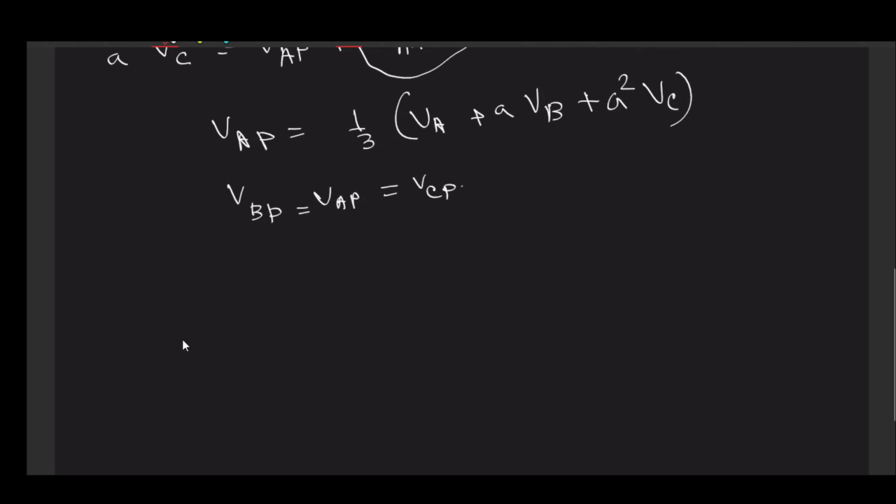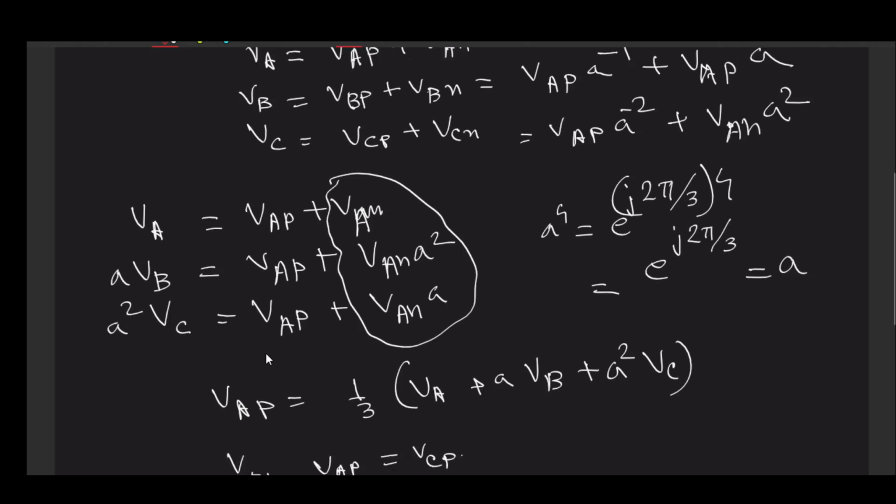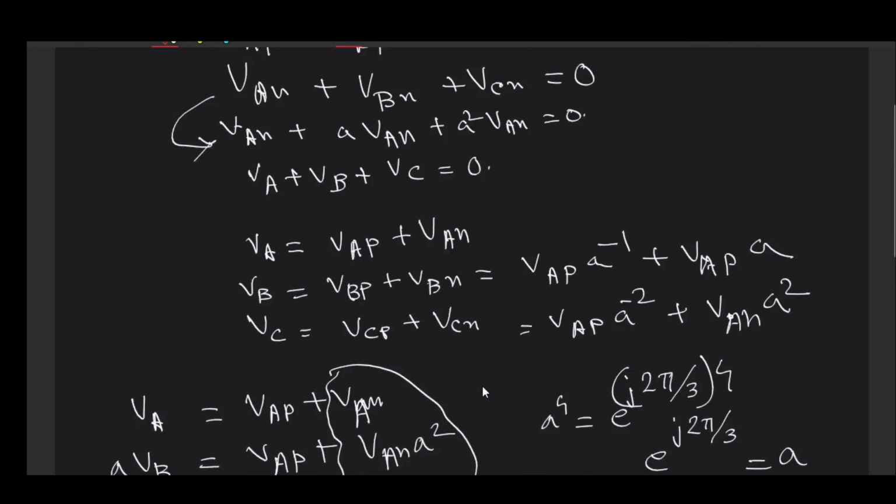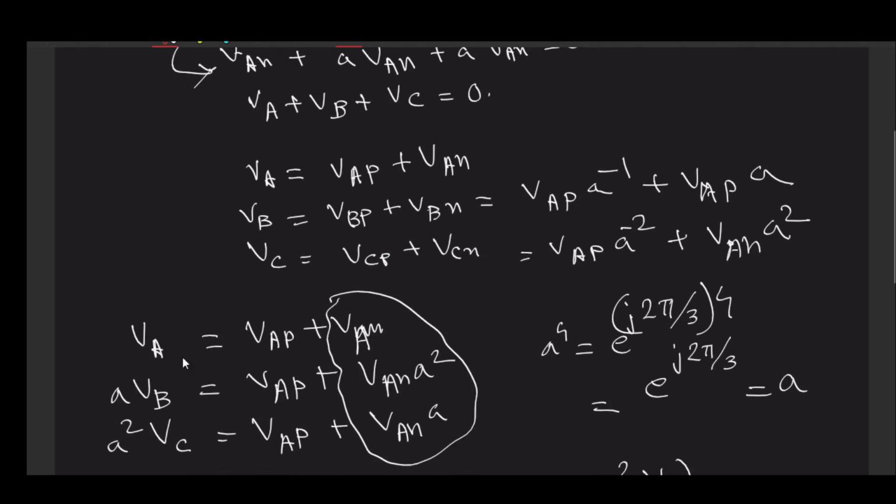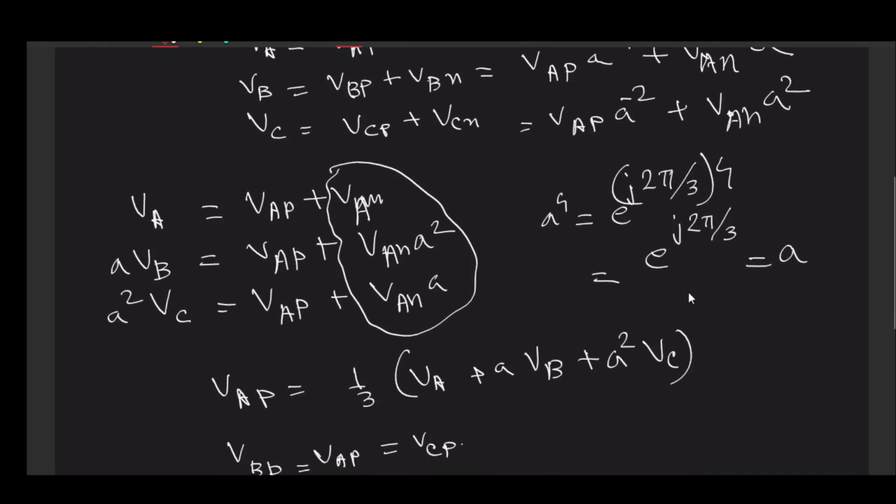Now similarly, from this equation we can get the corresponding value of VAN. Instead of multiplying them by A, we should multiply them by A inverse, A to the power minus 2, and then they will cancel out whatever is there, and we can get the similar equation for VAN.